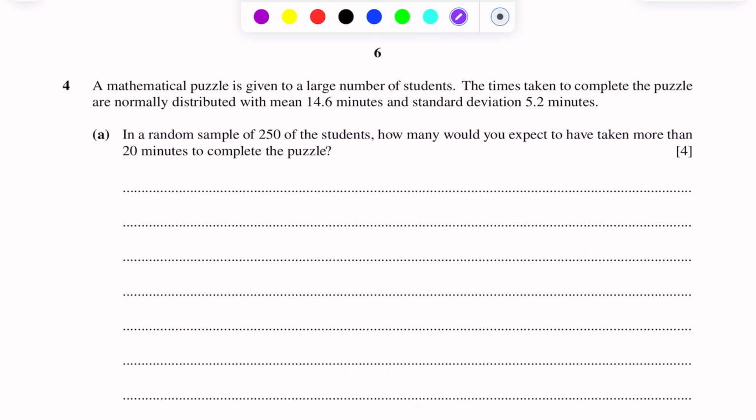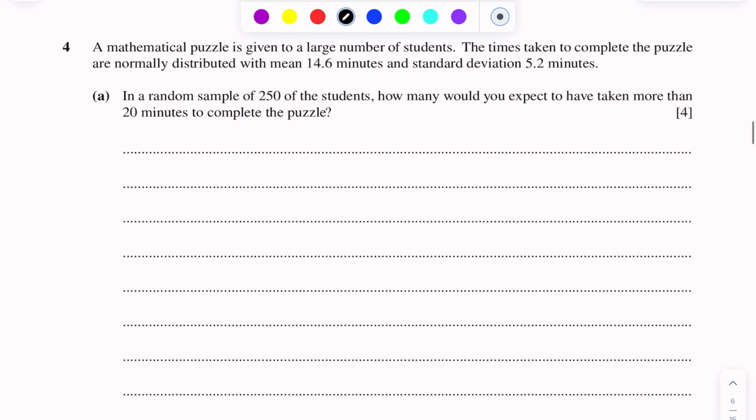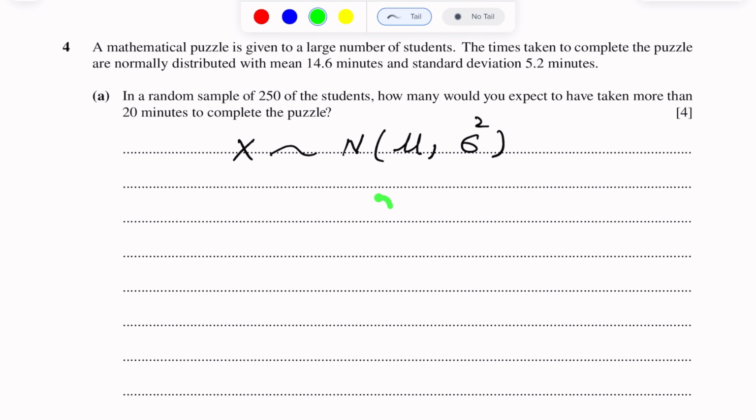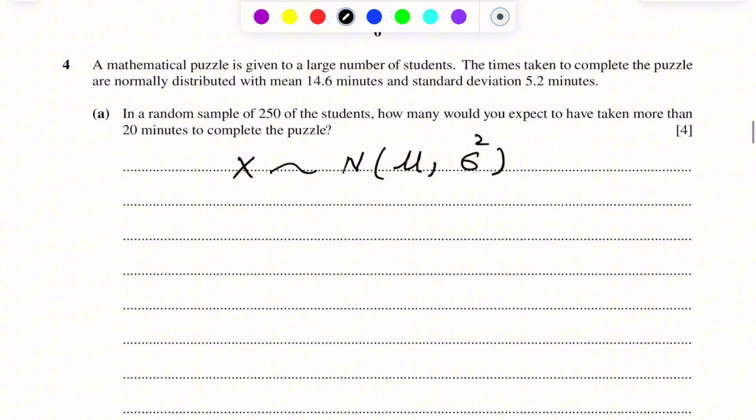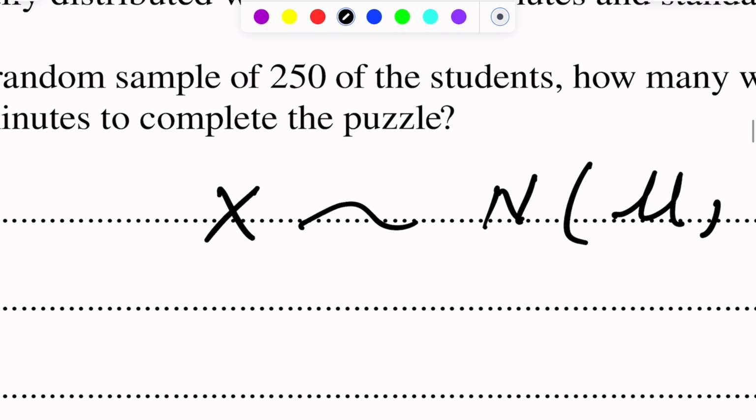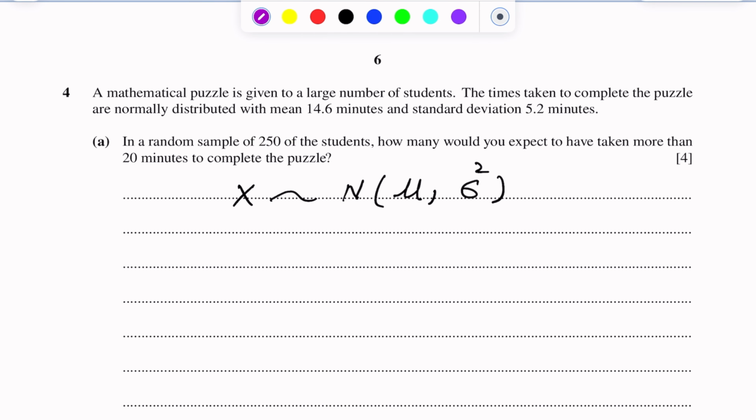This is part A first. Because the question is of normal distribution, we will write here that X follows a normal distribution with parameters mu and variance, that is sigma square. Sigma shows the standard deviation, but sigma square is the variance. In the question, the total number of students is 250, so we have n equal to 250.